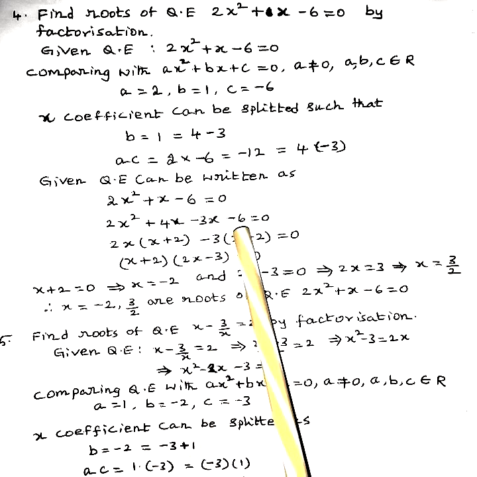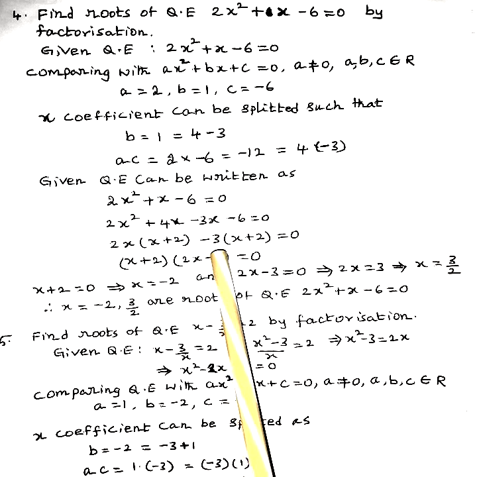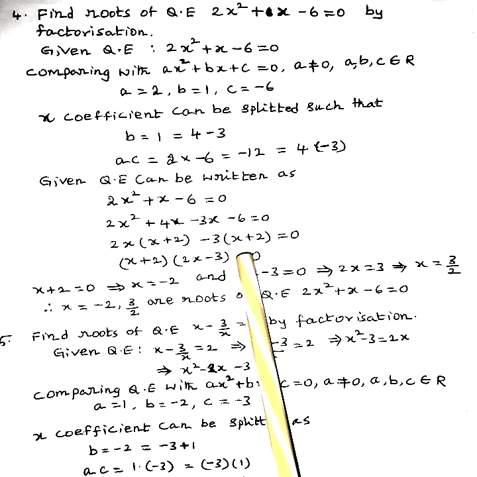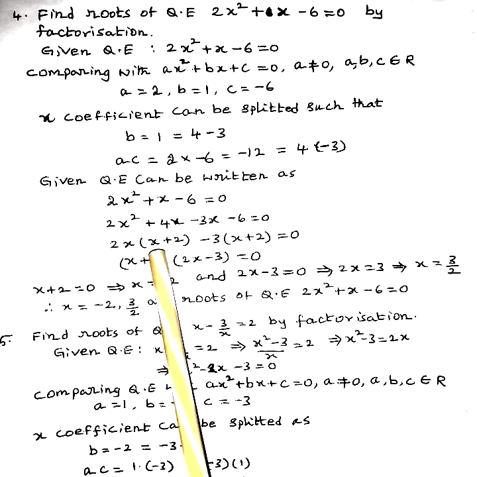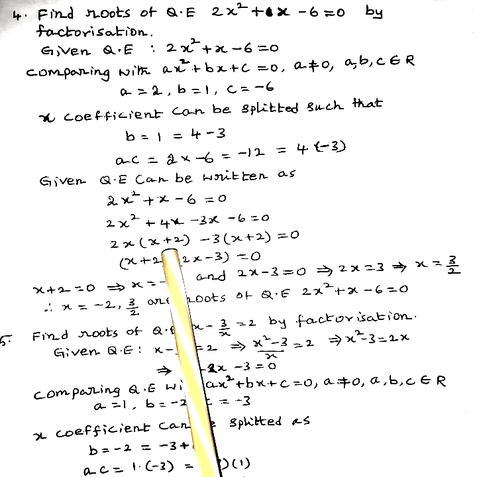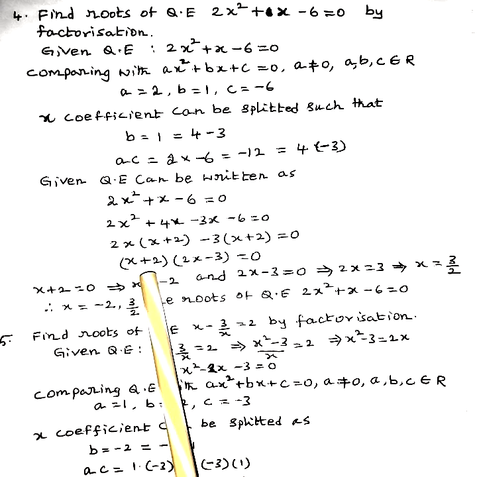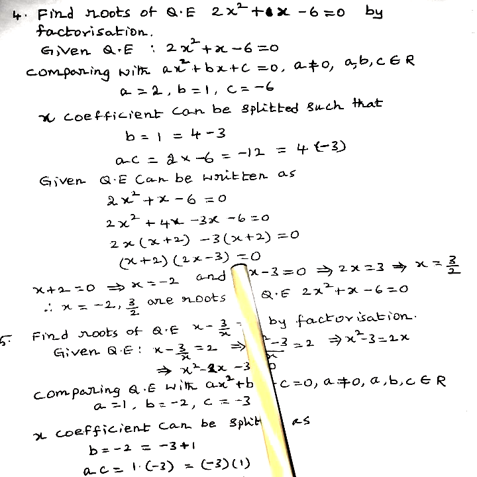From the terms minus 3x minus 6, we take minus 3 as common factor and get minus 3 multiplied by x plus 2. Now, x plus 2 is a common factor in these two terms. Hence, we can write x plus 2 multiplied by 2x minus 3 equal to 0.